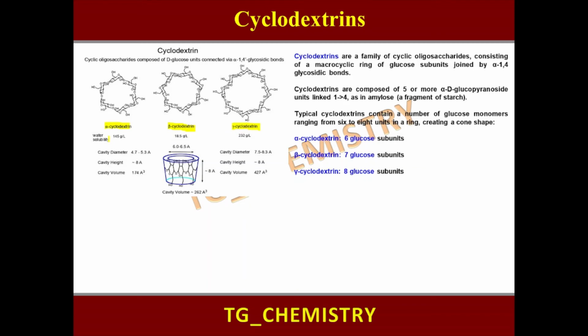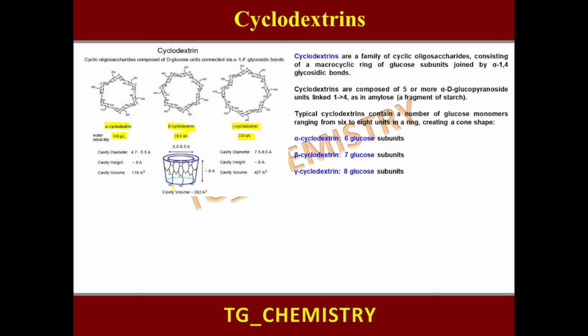For alpha cyclodextrin, the solubility is 145 grams per liter. It is reduced for the beta one to 18.5, whereas for gamma cyclodextrin it is around 232 grams per liter. The cavity size and cavity diameter also change going from alpha to gamma cyclodextrin.